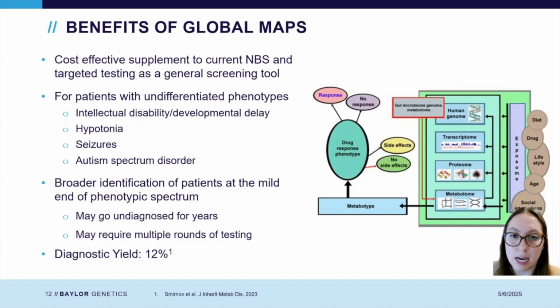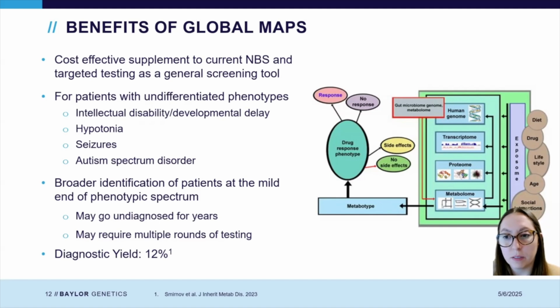Moreover, Global Maps can detect mild or late onset metabolic disorders that often evade routine laboratory assays or newborn screens and may remain undiagnosed for years, sometimes requiring multiple rounds of testing. By casting a wide net over hundreds of metabolites, this approach not only broadens identification across the phenotypic spectrum, but also facilitates earlier intervention.